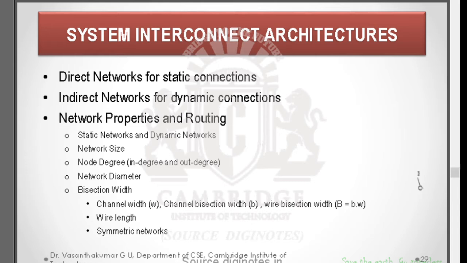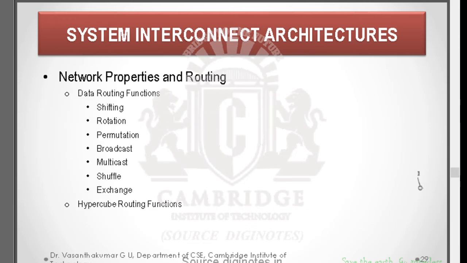The network diameter, then bisection width, which has sub properties like channel width given by W, channel bisection width given by B, and wire bisection width B equal to B times W. Then we have wire length, then symmetric networks. So these are with respect to system interconnect architectures.